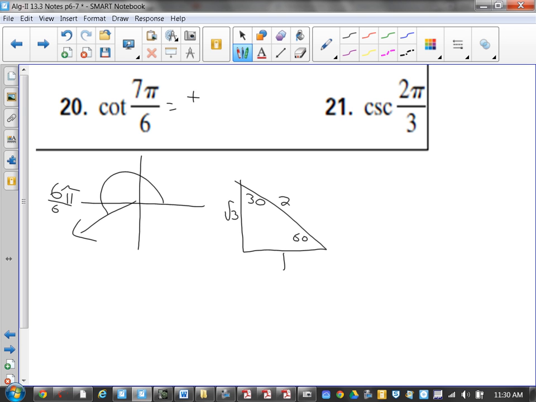Do you agree? So it's 1/6 past it. So the reference angle here is pi over 6. Pi over 6 corresponds to the 30-degree angle. So at 30, I'm looking for my cotangent. Tangent is opposite over adjacent. Cotangent is adjacent over opposite. So it is positive root 3.